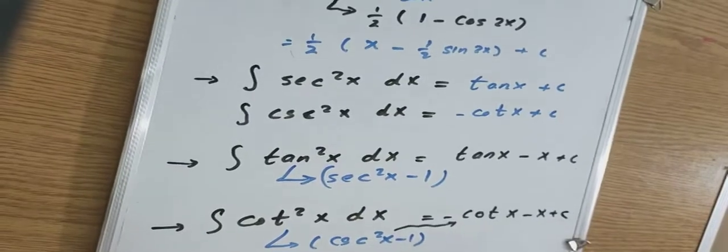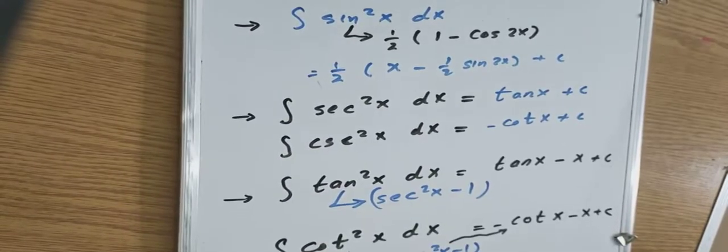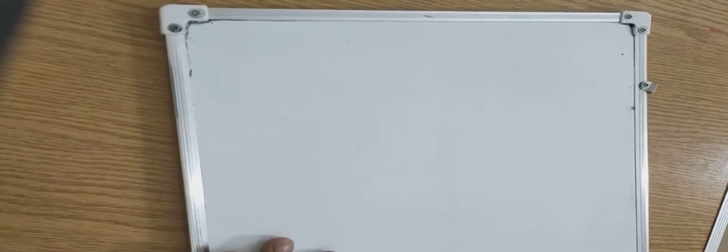Now we can integrate the 6 trigonometric functions if the power is 2: cosine squared, sine squared, sec squared, cosec squared, tan squared, cotan squared. And now what about the hyperbolic functions also with power 2?